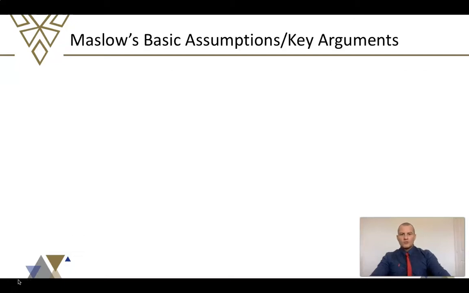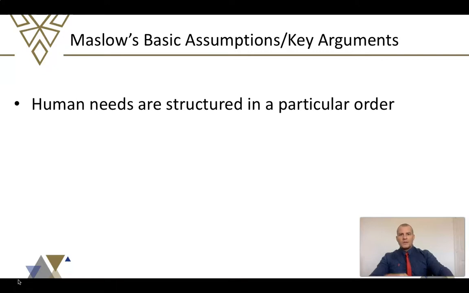So we'll jump straight in with a bit of a recap on some of Maslow's stuff. Now, I'll show you a diagram of the hierarchy of needs in a few moments, but there's some really key arguments regarding Maslow's theory. And the first one is that human needs are structured in a particular order, and they go from the most basic needs to what Maslow describes as self-actualization, which is right at the top of the pyramid.